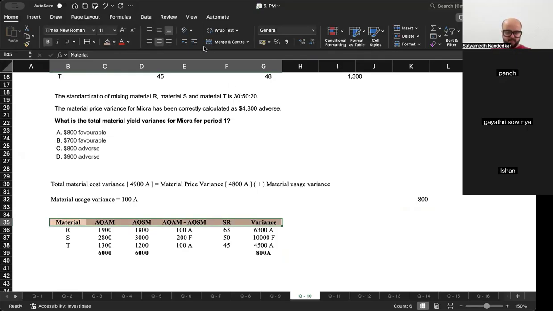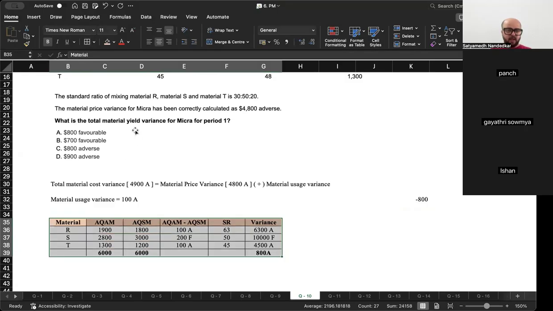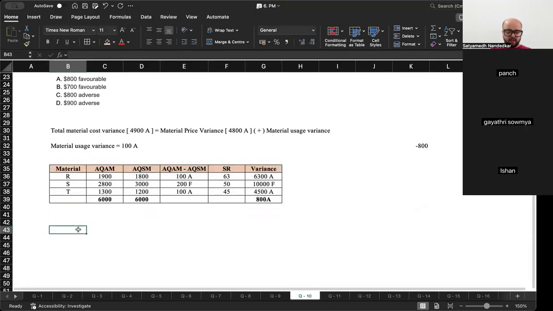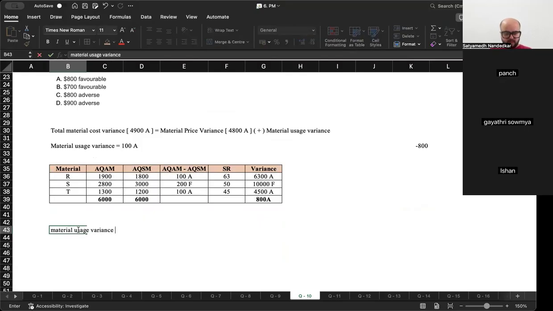Okay. Now understand one thing. You have material usage variance of 100 adverse. You need material yield variance. Now, material usage variance 100 adverse is material mix variance 800 adverse plus material yield variance.